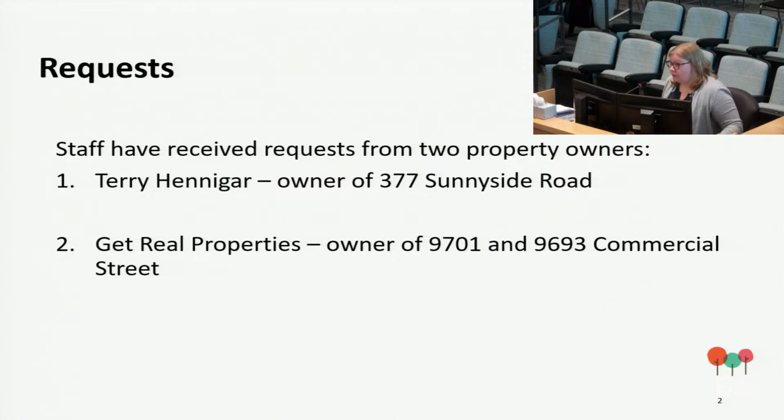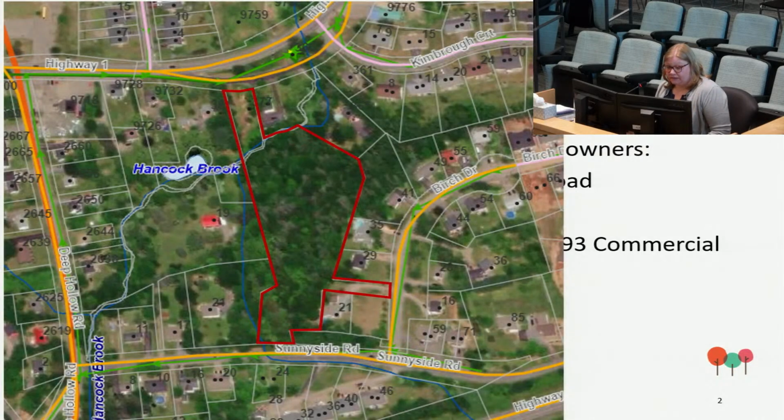Staff have prepared this report and presentation in response to two requests from two different property owners within the community of Greenwich. The first is Mr. Terry Henniger, the owner of 377 Sunnyside Road. We see on the screen an aerial photo of the property. It has frontage on Sunnyside Road.